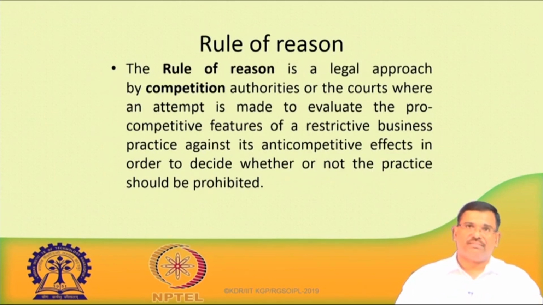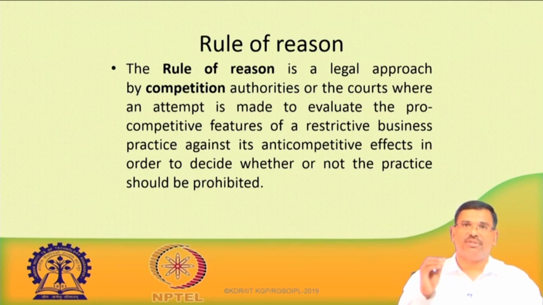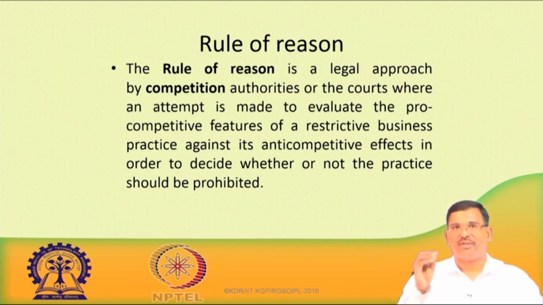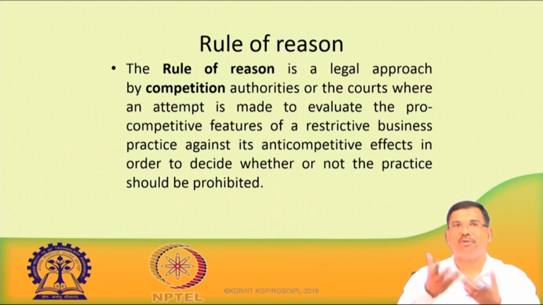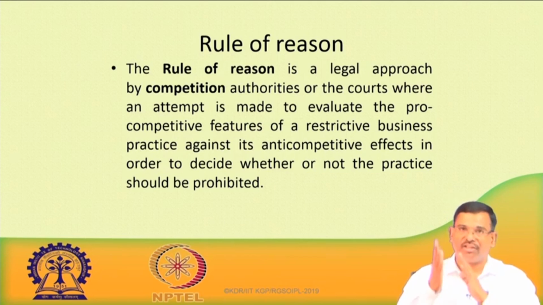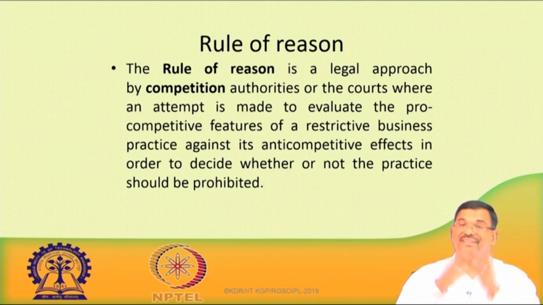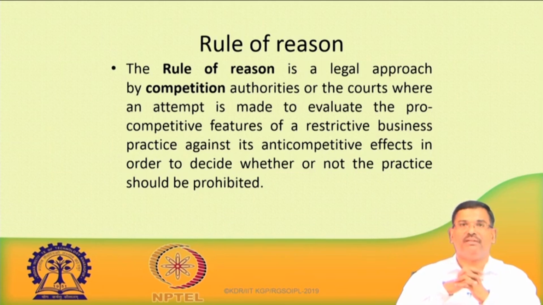The rule of reason is the legal approach where the competition authorities or the courts attempt to evaluate the pro-competitive effects. It gives the court or the authorities an opportunity to look into the competitive features, whether the restrictive business practice is pro-competitive or anti-competitive in nature, and then decide whether the practice should be prohibited or not.